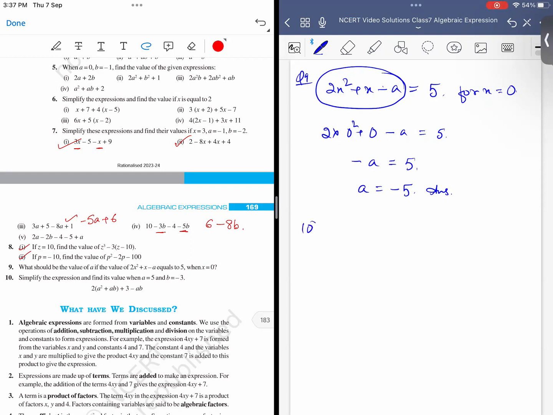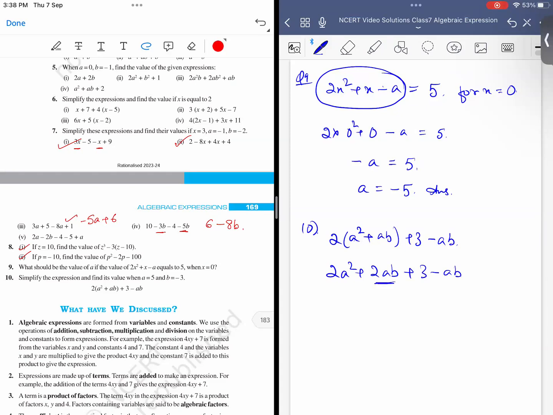Question number 10. Simplify the expression and find its value when a is 5 and b is minus 3. First of all, the given expression we have is twice a square plus ab plus 3 minus ab. First of all, simplify this expression. Open the brackets: 2a square plus 2ab plus 3 minus ab.